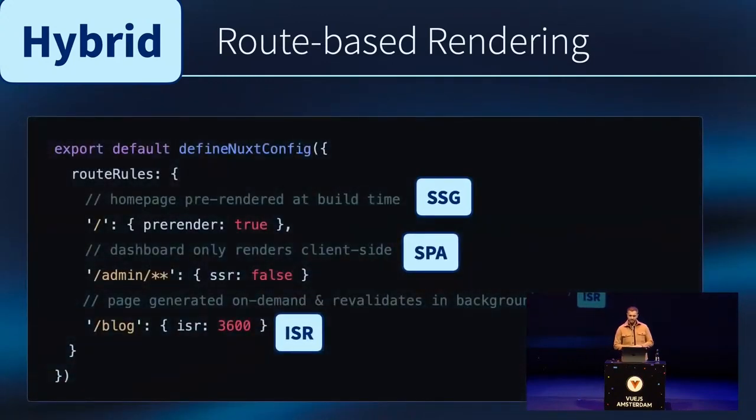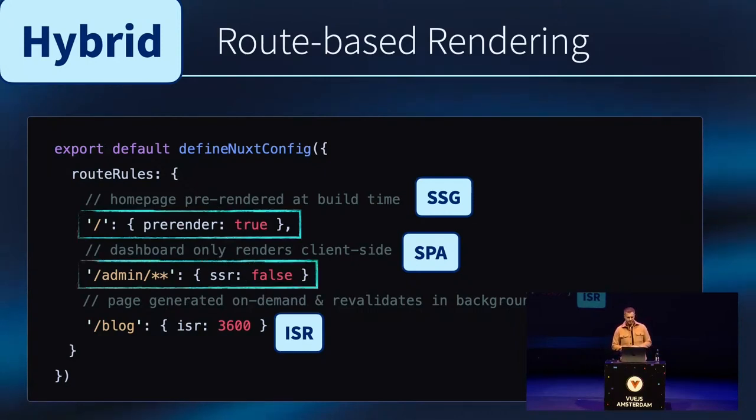Within our Nuxt config file, we can set that up. So we can set up route rules to achieve this, where prerender true is going to set up our home page to be pre-rendered at build time. SSR false is going to tell our dashboard to only render client side. And then ISR 3600 is going to inform the page to be generated on demand and then regenerated every hour on the hour.